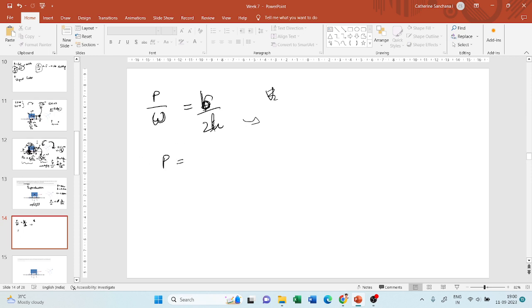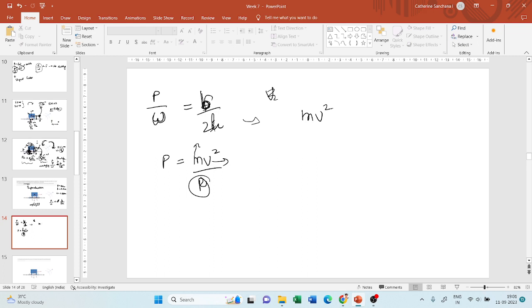You should know that the equation for centrifugal force is m v square by r, where r is the radius of the curve, m is the mass of the vehicle, and v is the velocity of the vehicle. So you can simply substitute it here.